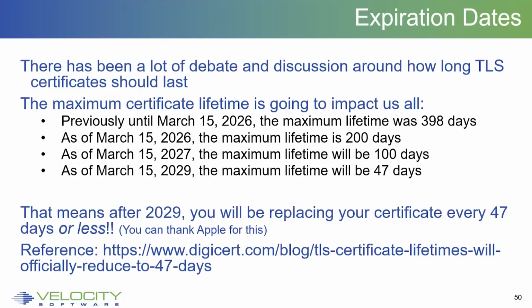That means you have to go through that process that I just showed you on requesting a renewal just about every month or so after 2029. If you want to read more about that, I gave you a link where you can find more information. But this is definitely going to impact all of us.